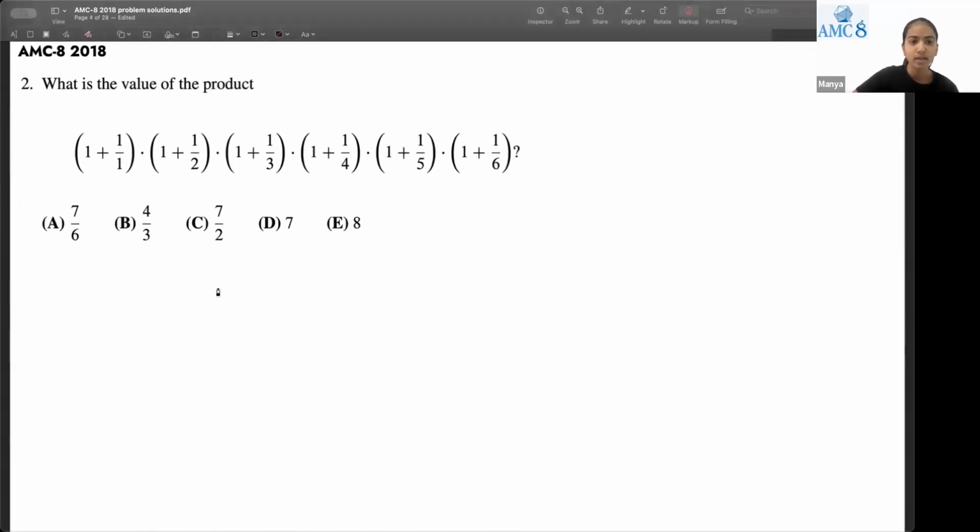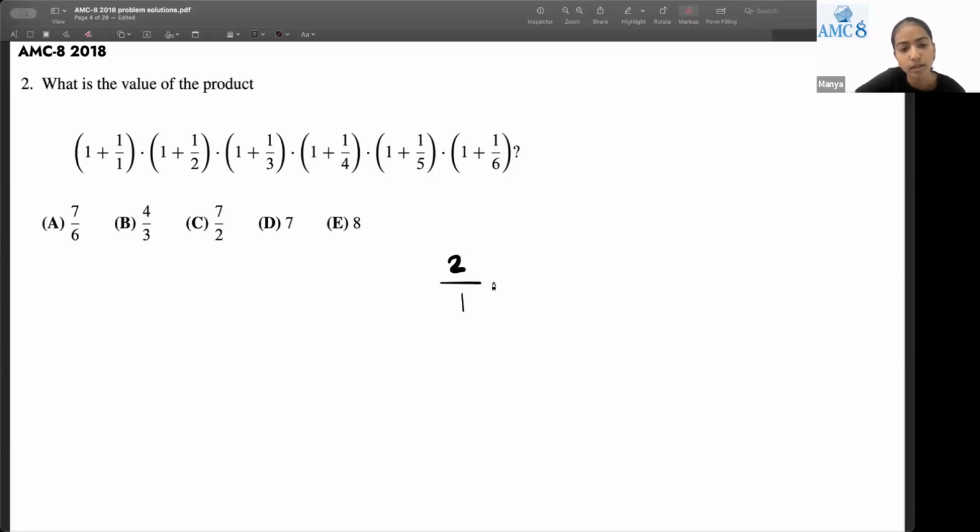Problem number 2. What is the value of this product? So they gave us a list of all the things that we have to multiply. Instead of writing it like 1 plus 1 over 1, we can make it an improper fraction. To make it an improper fraction, 1 plus 1 over 1 would be equal to 2 over 1, which is the same thing as 2.